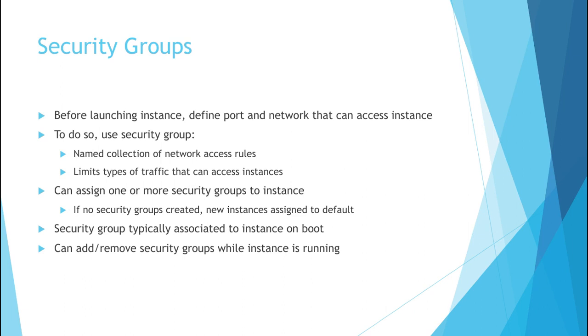These things you define inside your security groups. It is a named collection of network access rules, and it limits the types of traffic that can access the instance. Suppose you don't want to allow HTTP traffic for your instance, you can block that in your security group policy, so that the instance will not be accessible over HTTP.